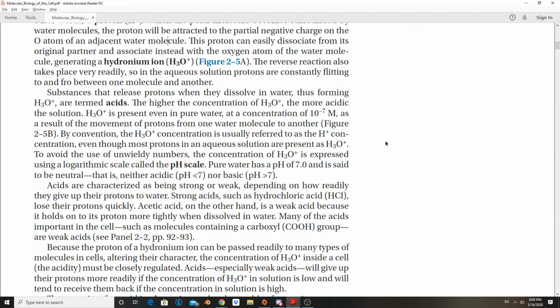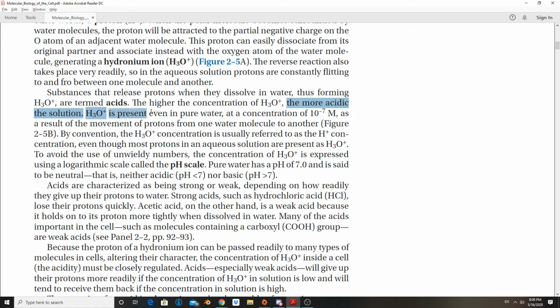So it just floats around in solution. The substances that release protons are termed acids, while the ones that accept them are known as bases. So the higher the concentration of H3O plus, which is what happens when hydrogen is donated to another molecule, the more acidic the solution.